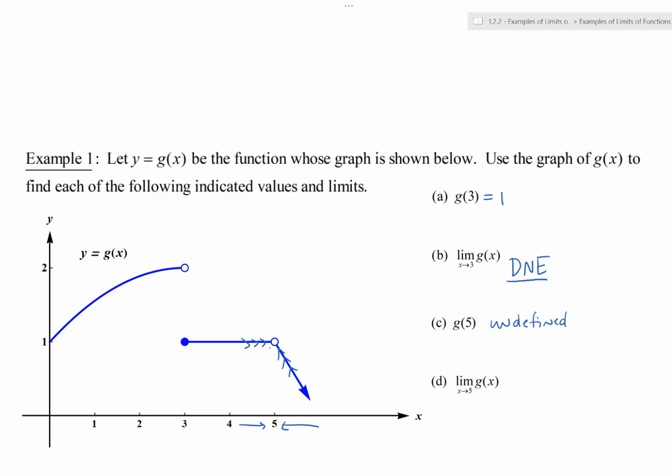And again, even though the function is not defined at x is 5, that does not define the limit. All we care about is as the input value gets arbitrarily close to 5, the function is getting really close to a unique output value, but not necessarily equal to it. And in this case, it happens to be 1. So the limit as x goes to 5 of g of x is equal to 1.